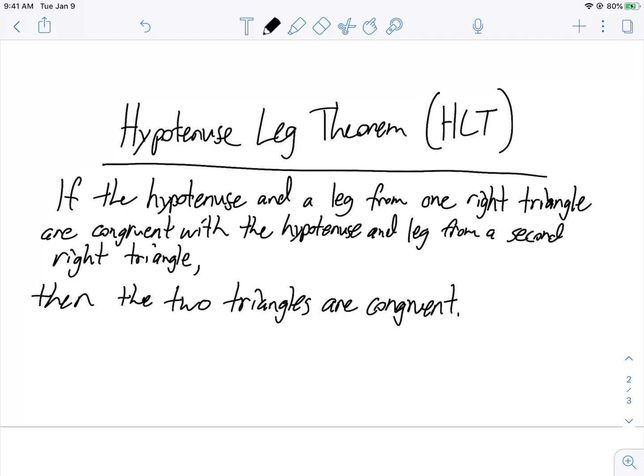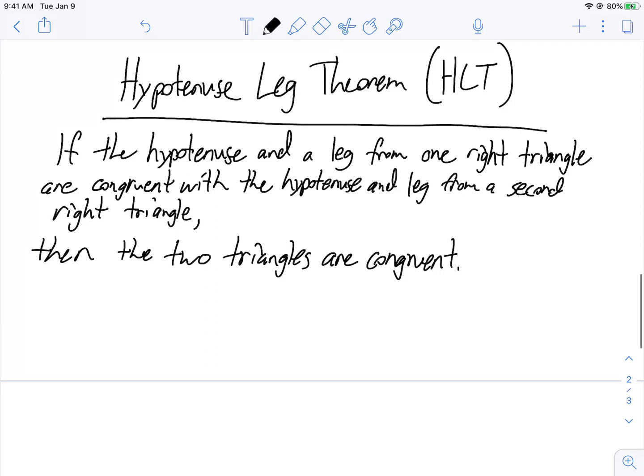Okay, so if I have two right triangles and the hypotenuse and a leg are congruent, then we're good to go. But the key is it has to be a right triangle. If it's any other measure than a right triangle, it does not work. And I'll attempt to show it on here.